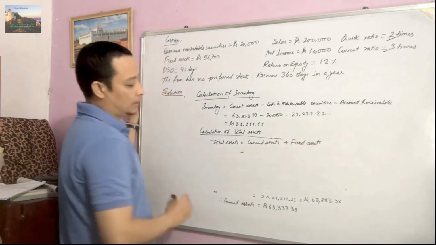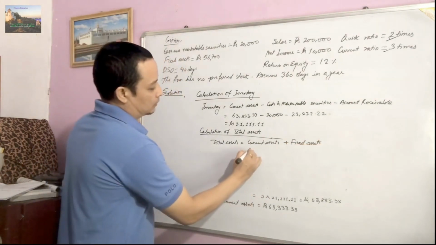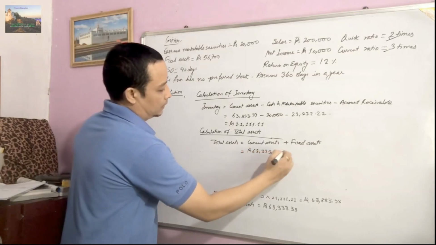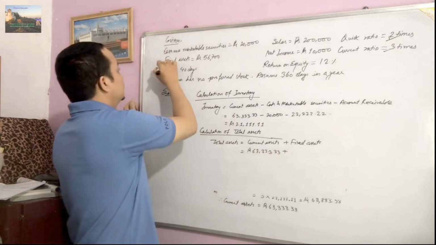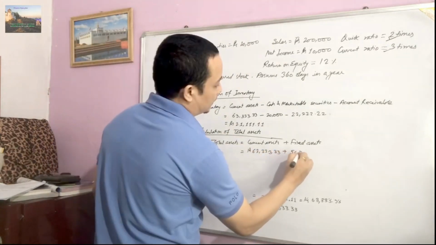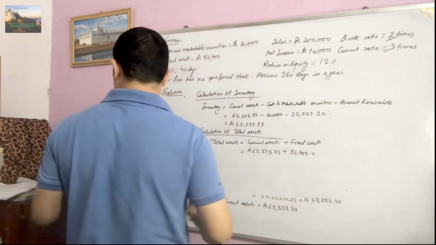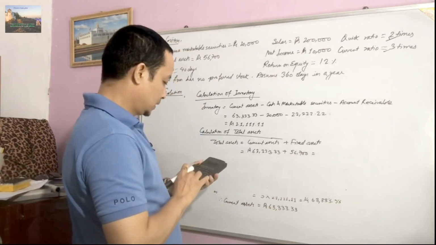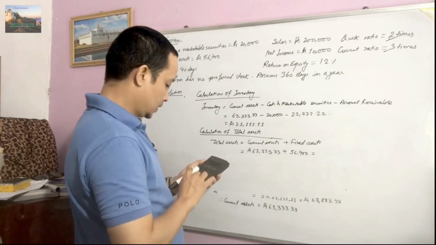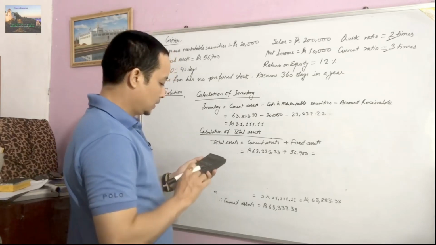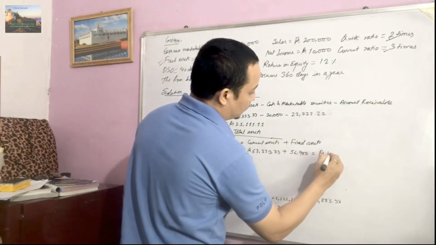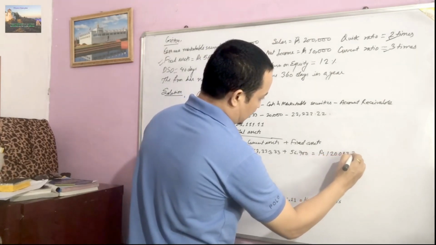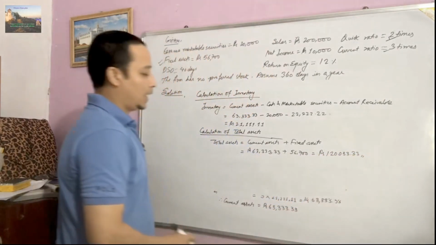So current asset you have known 63,333.33 plus fixed asset is given in the question 56,700. That will be your total: 63,333.33 plus 56,700. That will be your rupees 1,20,033 rupees and 33 paisa. This is your total asset.